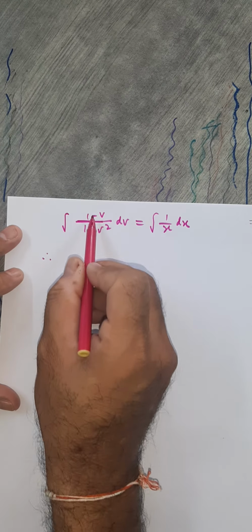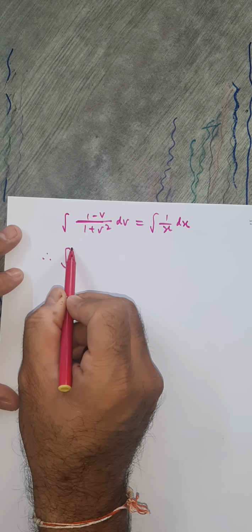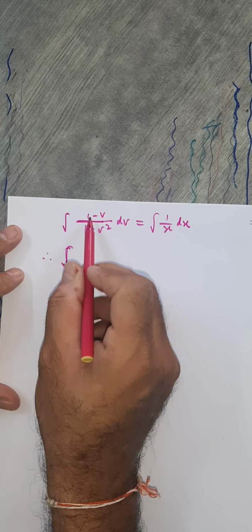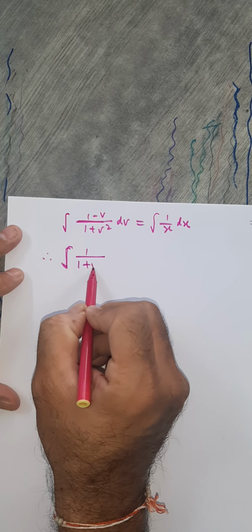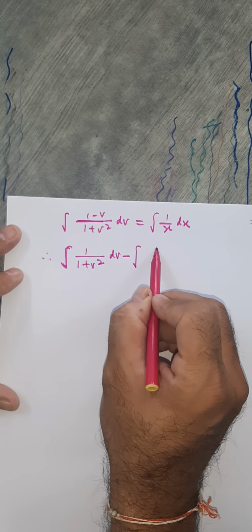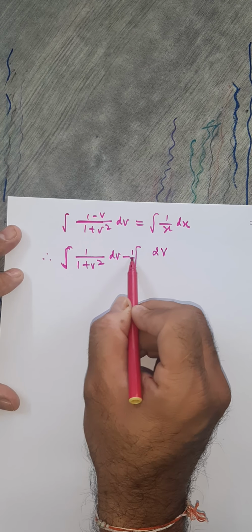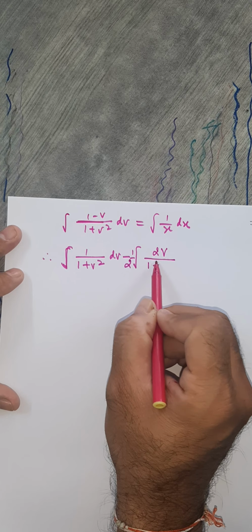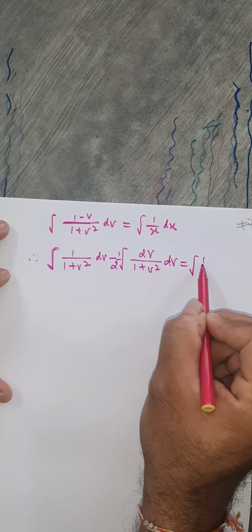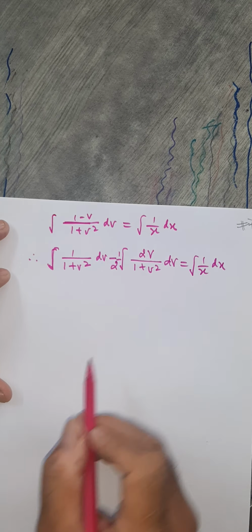This is linear upon quadratic, so you can set the derivative. The derivative will be 2v, so I can write individual division, minus, here I need 2v, so multiplying with 2 and dividing by 2, equals the integral of 1 by x.